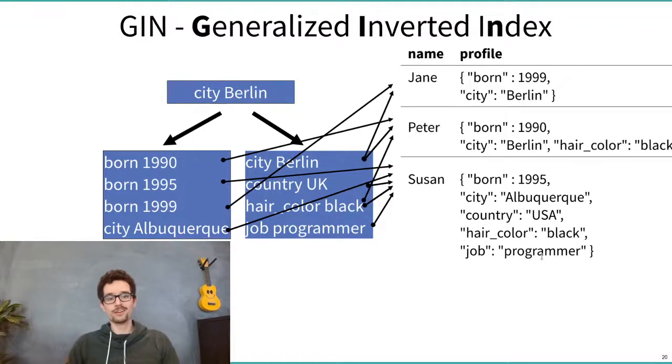That's how the GIN index works in PostgreSQL. So this is very PostgreSQL specific, and the idea is really nice in my opinion.